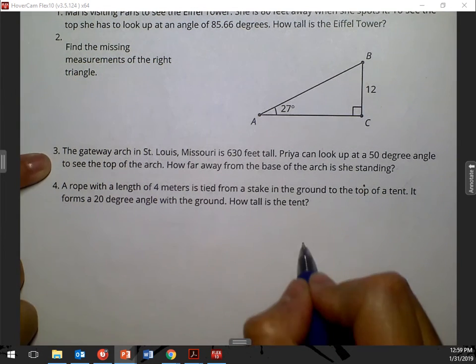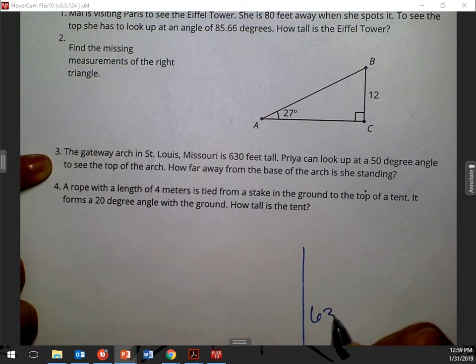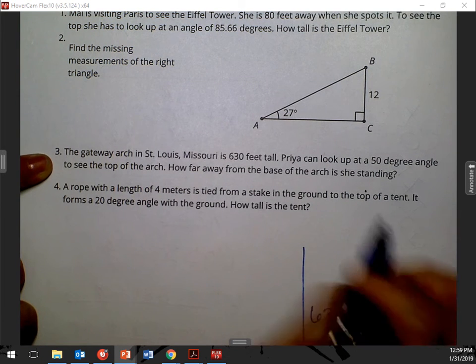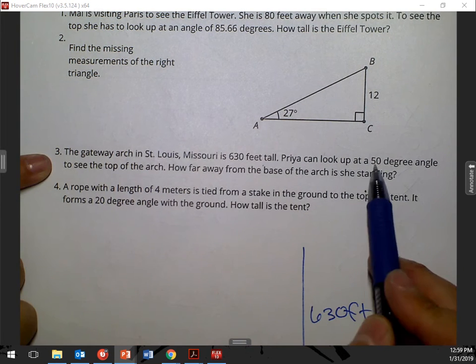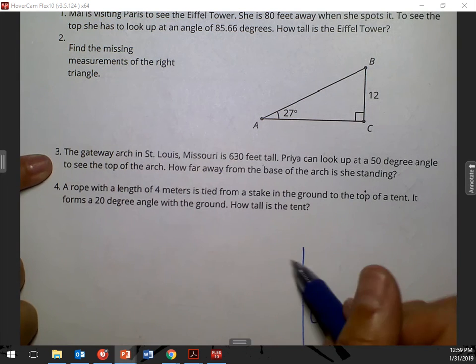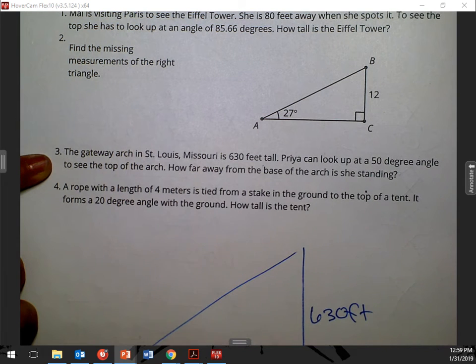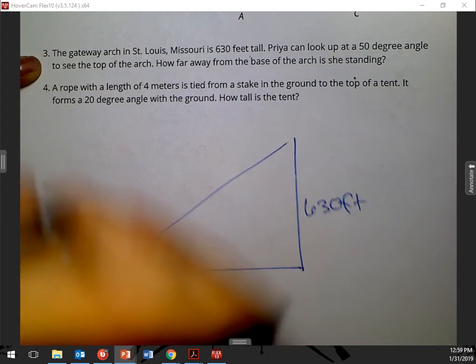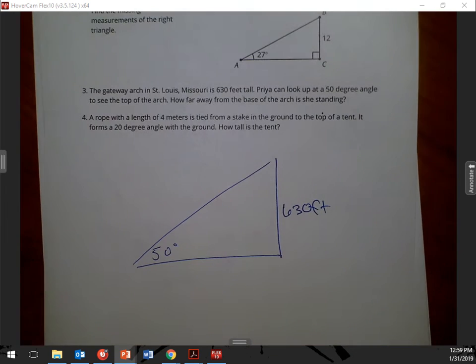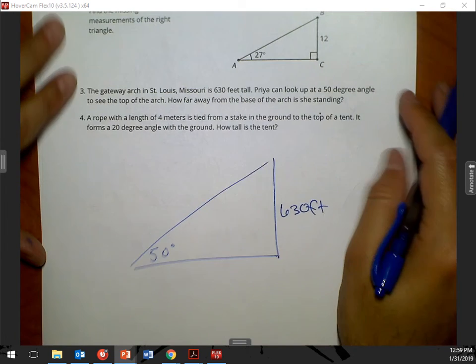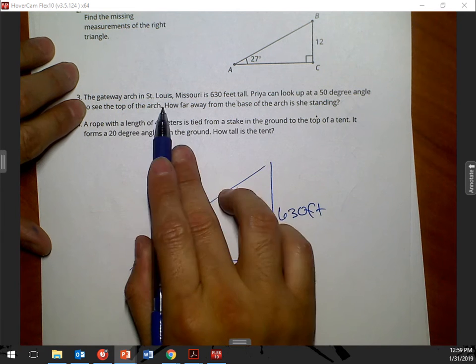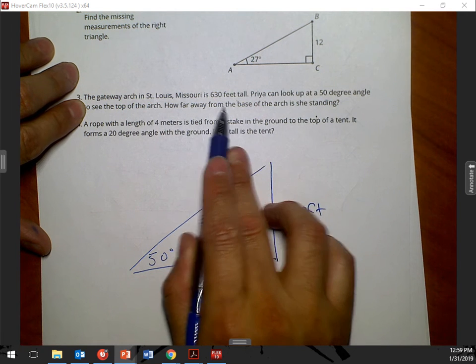She could look up at an angle of 50 degrees to see the top of the arch. How far away from the base of the arch is she standing?